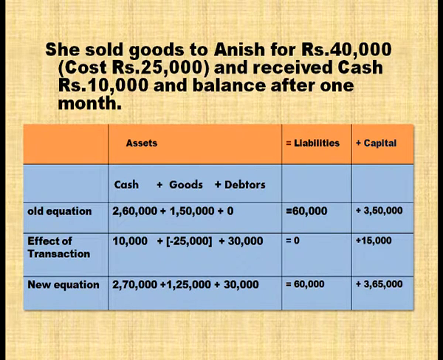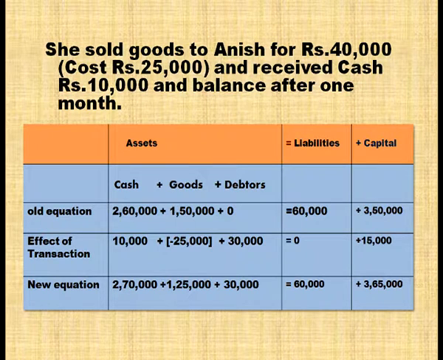So, new accounting equation should be written and in addition to that, selling price minus cost price, 40,000 minus 25,000, will be the profit because selling price is more than the cost price. So, profit is there, profit will be added with the capital. If it is a loss, that is cost price is more than the selling price, it will be a loss.